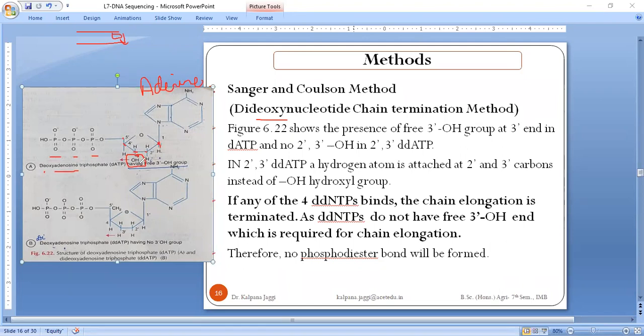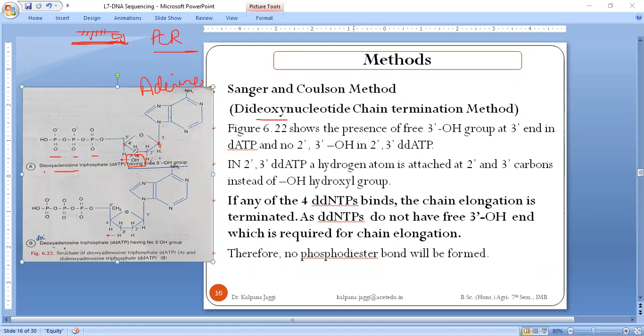This 3' hydroxyl group is actually required for the synthesis of the strand, and here comes the enzyme, and the enzyme starts reading the sequence that is present on the single template, and then it keeps on synthesizing the other strand. This is the basic phenomenon that takes place. That means if from one strand, another strand is to be synthesized, I discussed this in PCR, if you remember, what is the basic requirement?